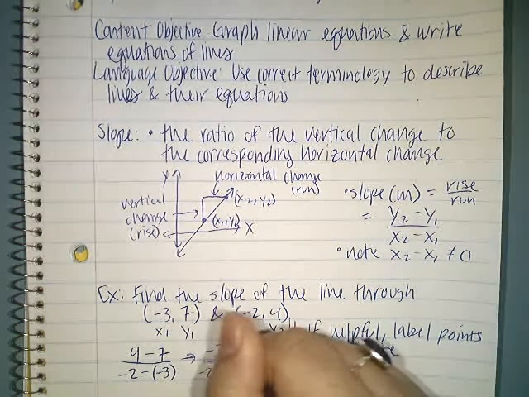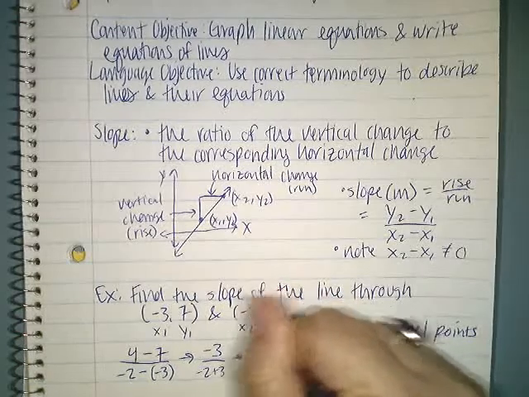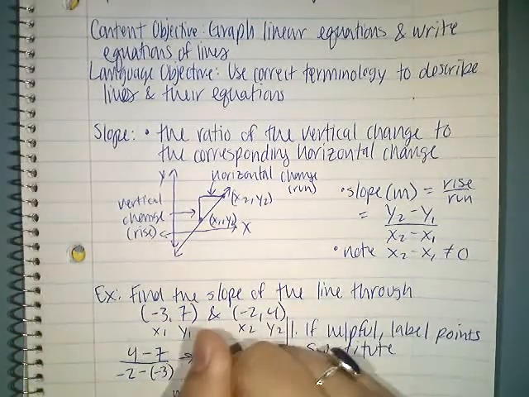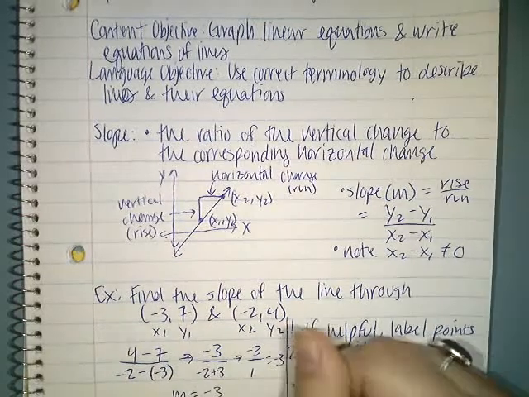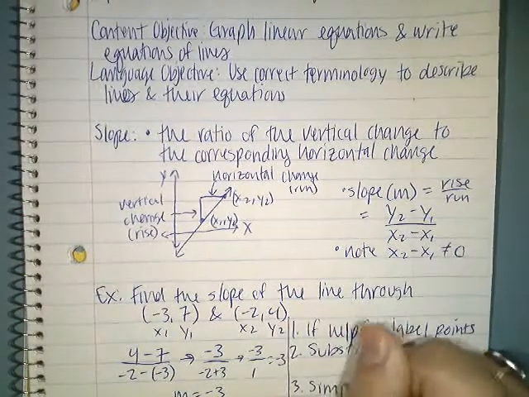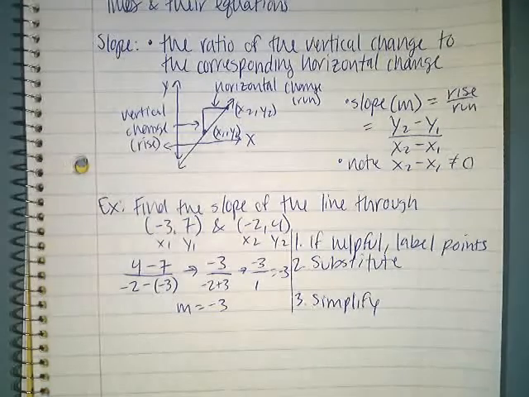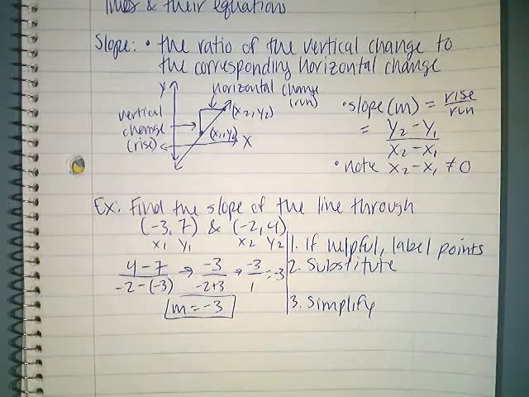So I have -2 plus 3. So I have -3 over +1, which is just -3. So my m value is equal to -3. The last step I did was simplify. So I've now successfully solved for my slope, -3.